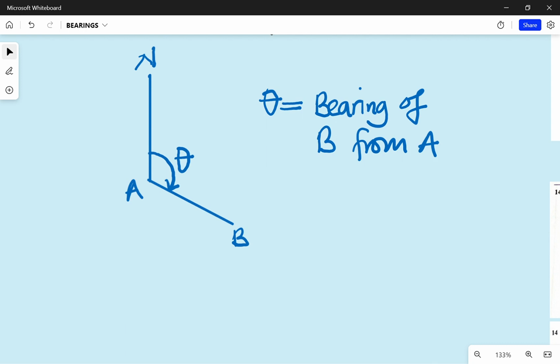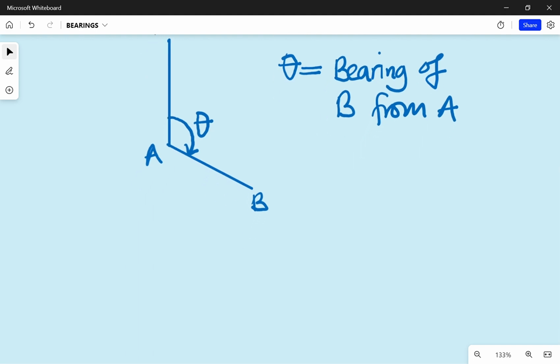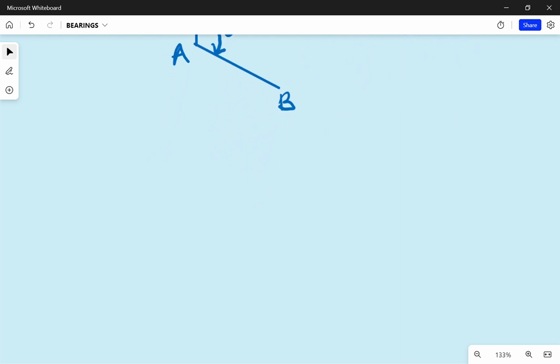Now, there are certain things that are going to be helpful for us to understand bearings fully. You need to understand, let's look at the concepts that you need to really understand. Concepts or properties.